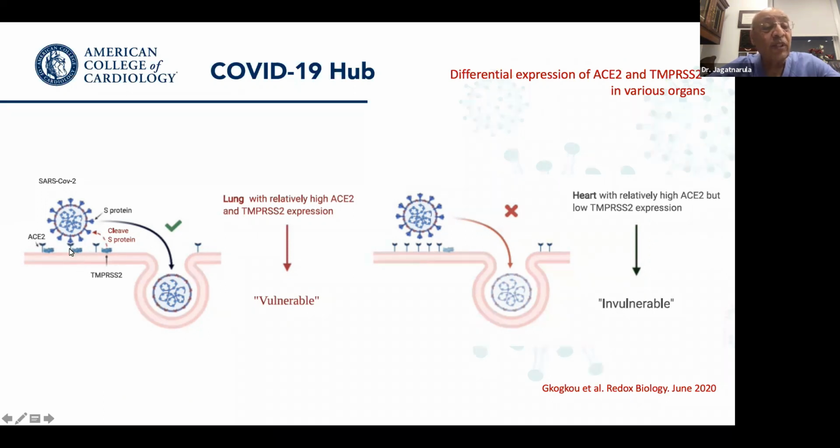Although the ACE2 receptors are significant, since there is no co-stimulatory molecule, essentially these cells are not vulnerable to infection by the viral particles. Otherwise, we would have seen myocarditis in almost every patient, and there would have been significantly higher mortality or a significantly higher likelihood of cardiac failure than what we see currently.